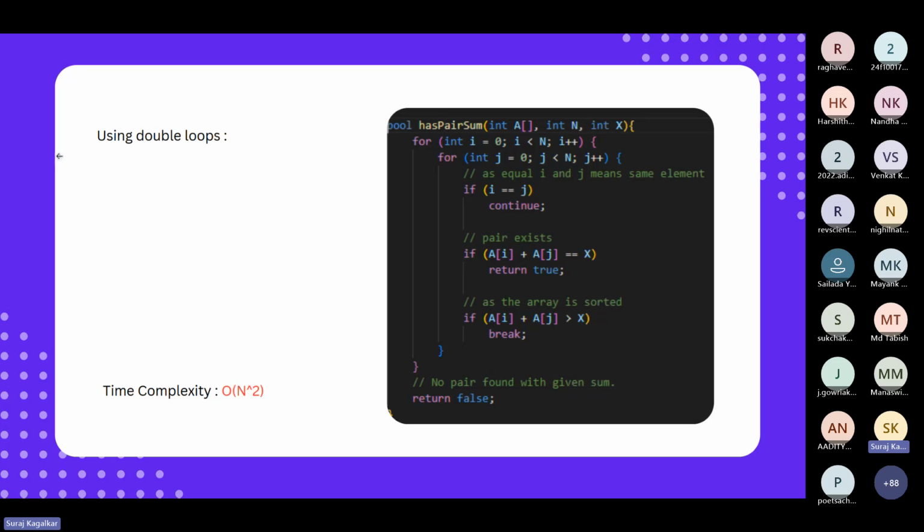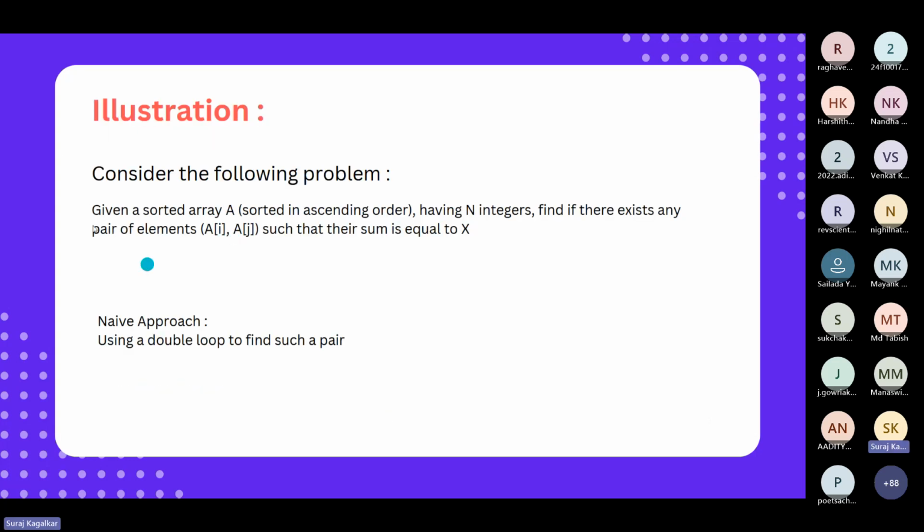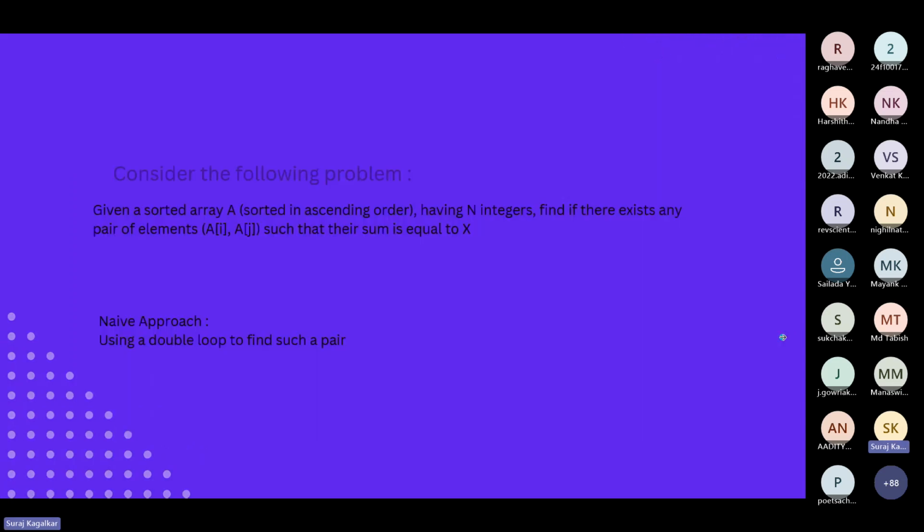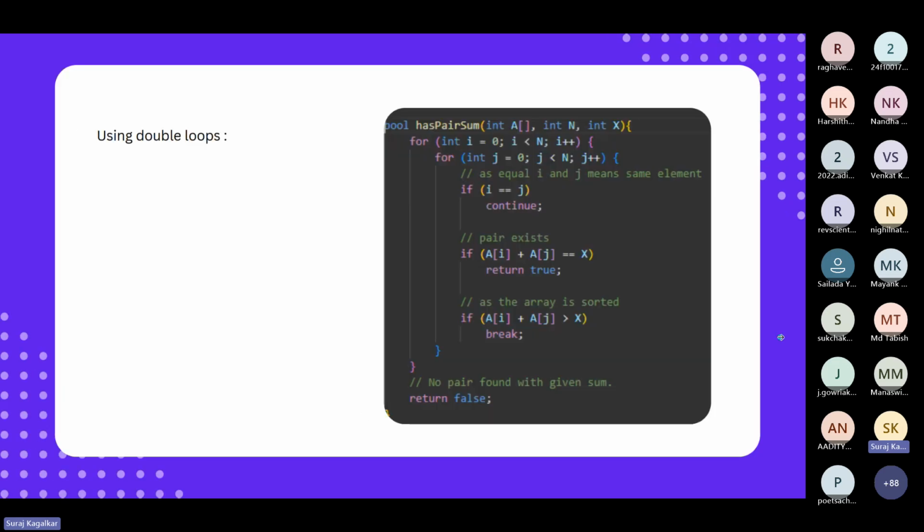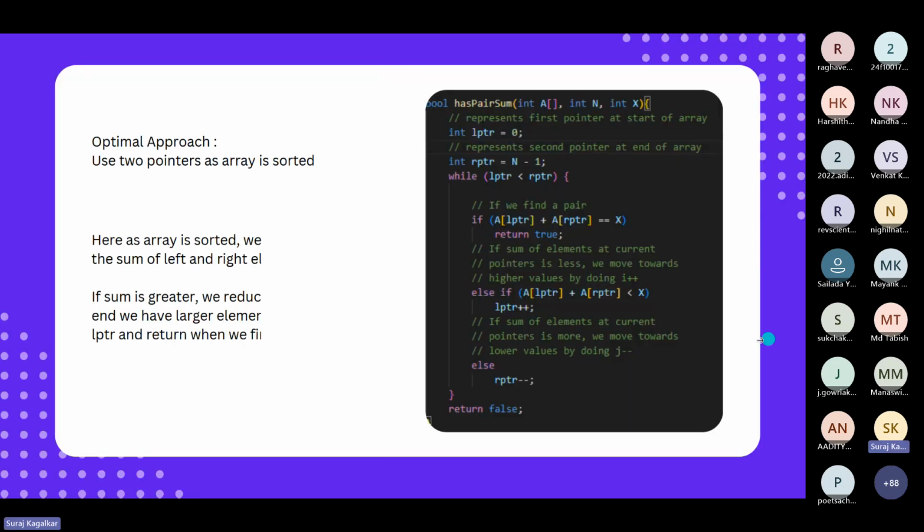I'll bring up the question again. Just take a look at the question and tell me why we are doing left pointer is less than right pointer. Right. Yes. As we want a distinct pair of elements, we are doing left pointer is less than right pointer.